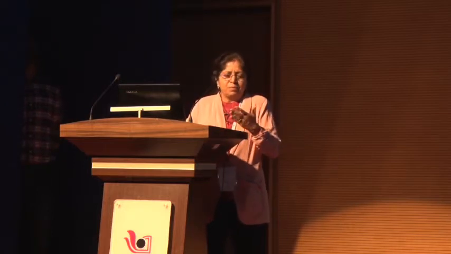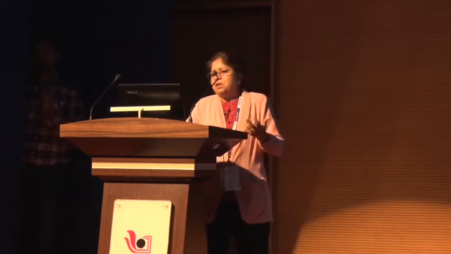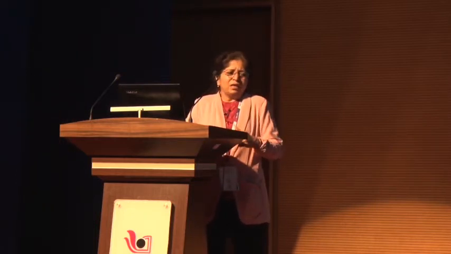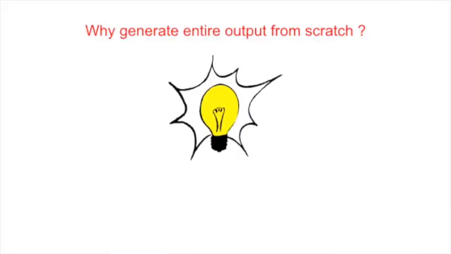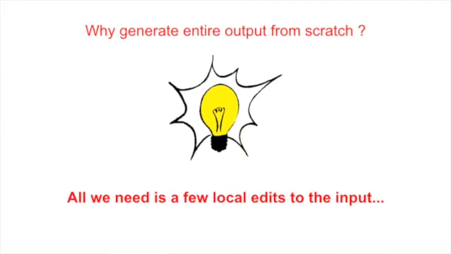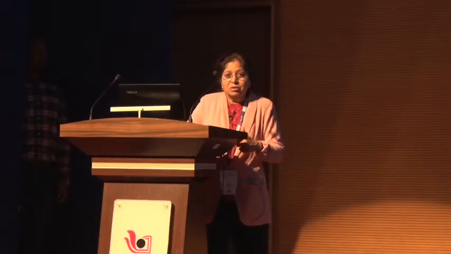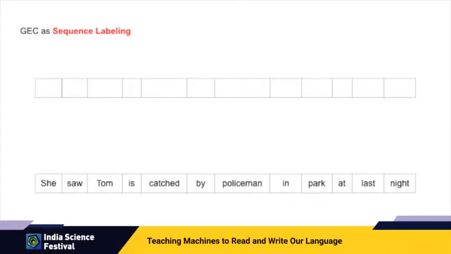Now, just last year we developed a system based on the founding idea that for grammar error correction it does not make sense to generate the entire output from scratch. In fact, what we need to do is just generate local edits, and that is best handled by not posing grammar error correction as a sequence to sequence learning task, but as a much simpler sequence labeling task.